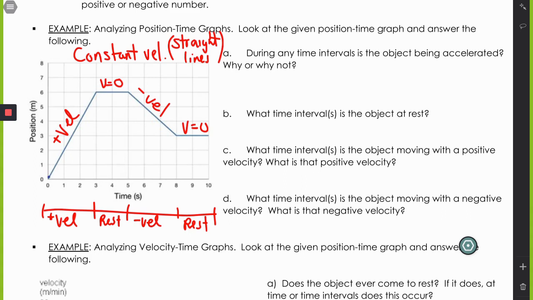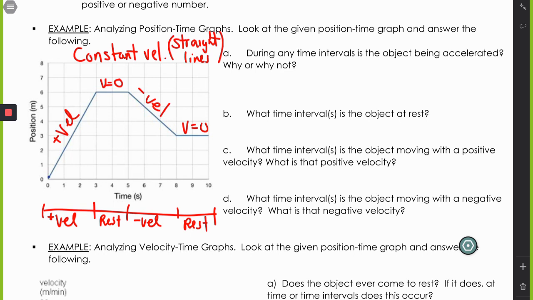From 0 to 3 seconds, I have a positive velocity. From 3 to 5 seconds, I'm at rest. From 5 to 8 seconds, I have a negative velocity. And then from 8 to 10, I am at rest. Now, one thing to note: positive velocity and negative velocity does not mean I'm speeding up or slowing down.